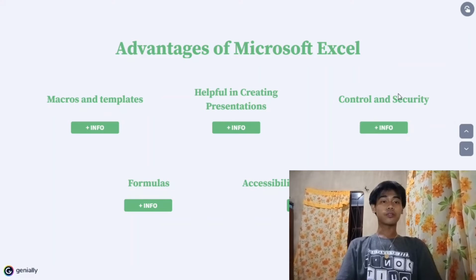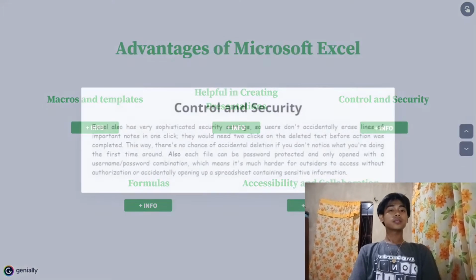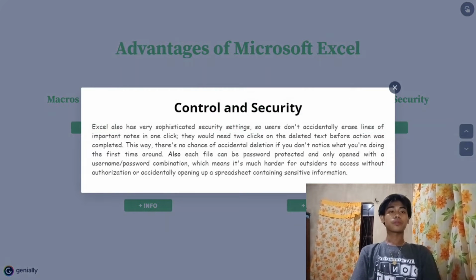The third advantage of Microsoft Excel is control and security. Excel also has very sophisticated security settings, so users don't accidentally erase lines of important notes in one click. They would need 2 clicks on the deleted text before the action was completed.